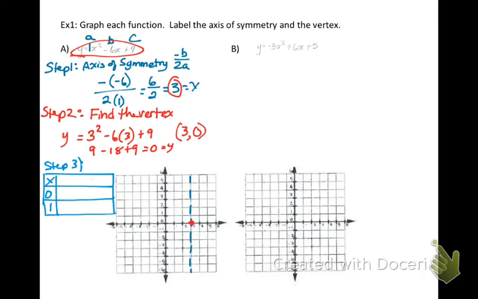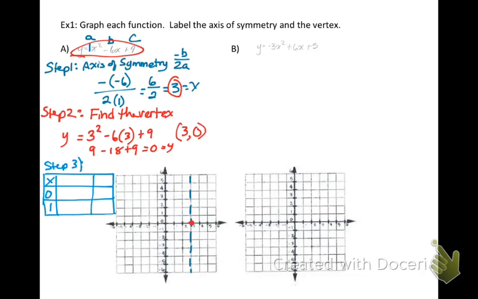If you have a 1 or a negative 1, for your vertex, you're going to use the opposite of that number. So we want to have 0, that's nothing, but we also want a 1 or a negative 1 on there. And so I'm going to do the math.